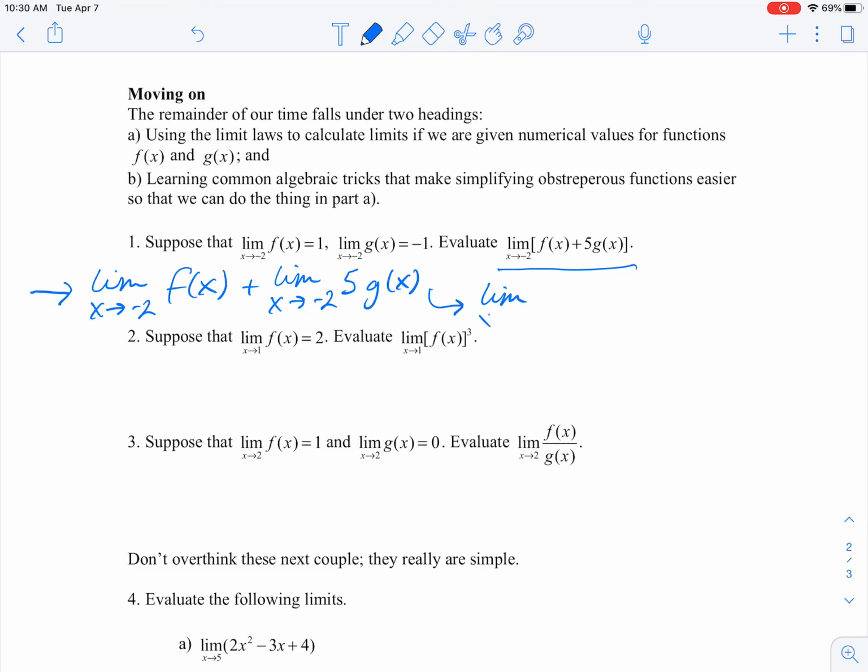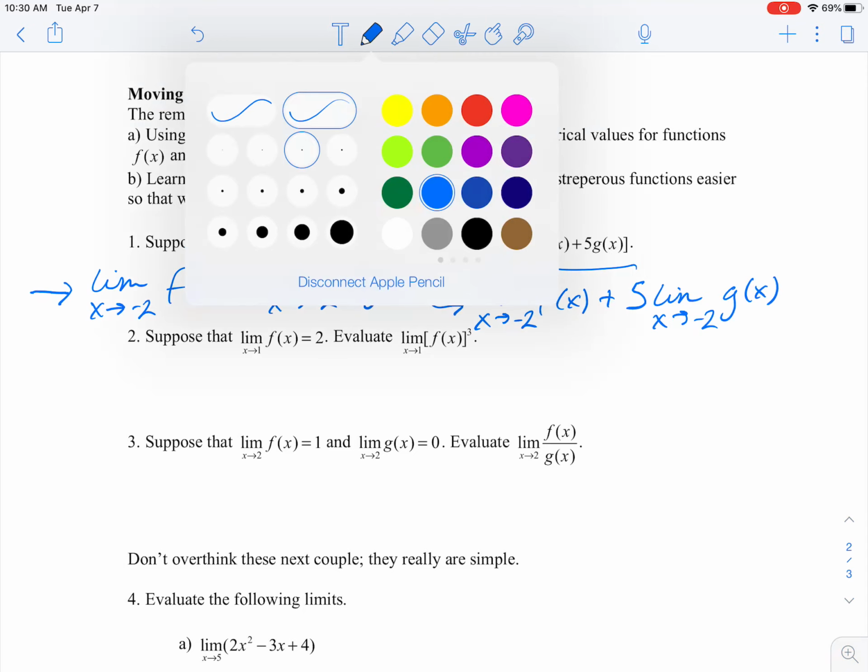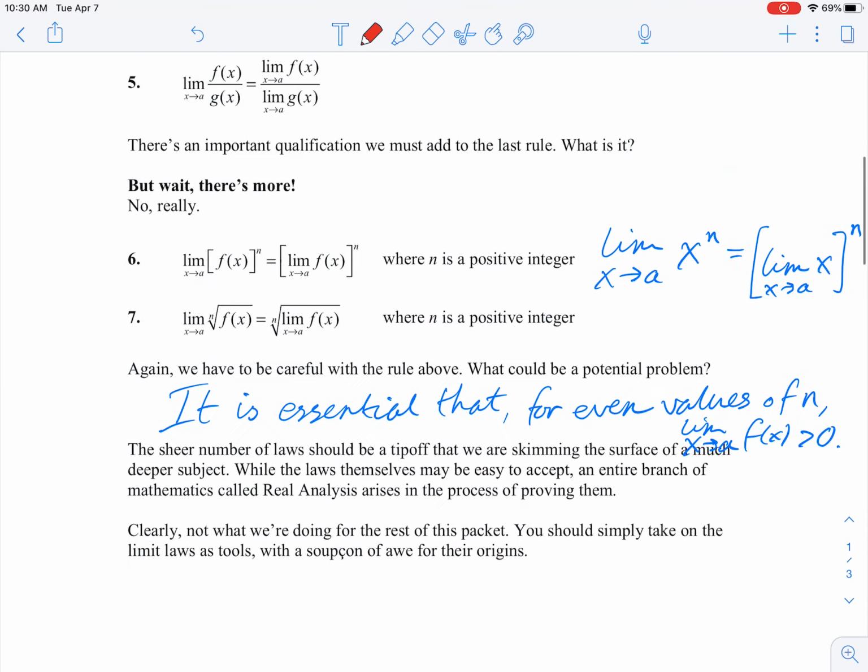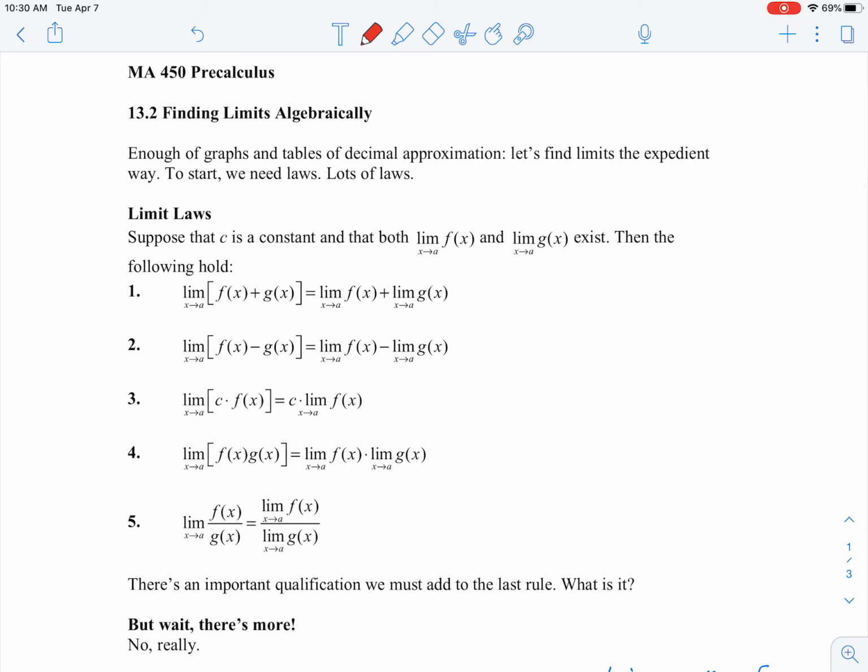Furthermore, we can say the limit as x approaches negative 2 of f of x plus 5 times the limit as x approaches negative 2 of g of x. So let's think about what laws we just leveraged. Okay, so we used law number 1 to break up the addition. Then we used law number 3 to pull that constant, the 5, out in front of g of x.